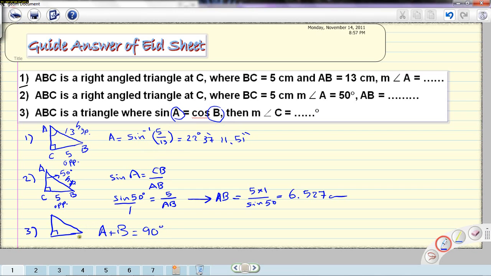For sure, this will be A and this will be B, and the measure of angle C will be 90 degrees, so the answer here is 90. I'm sorry I didn't close this.